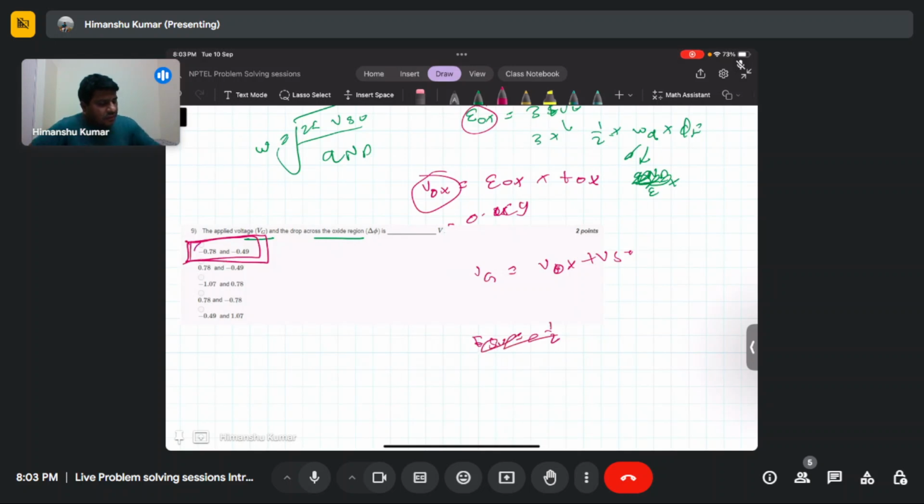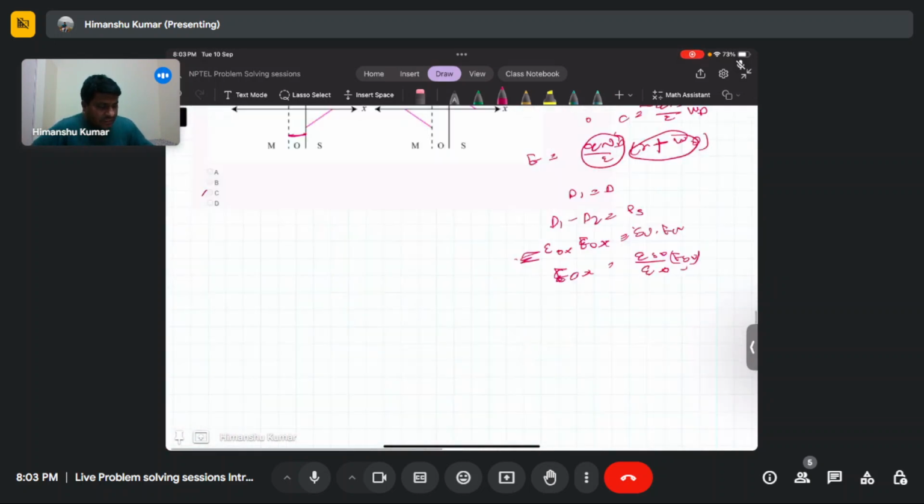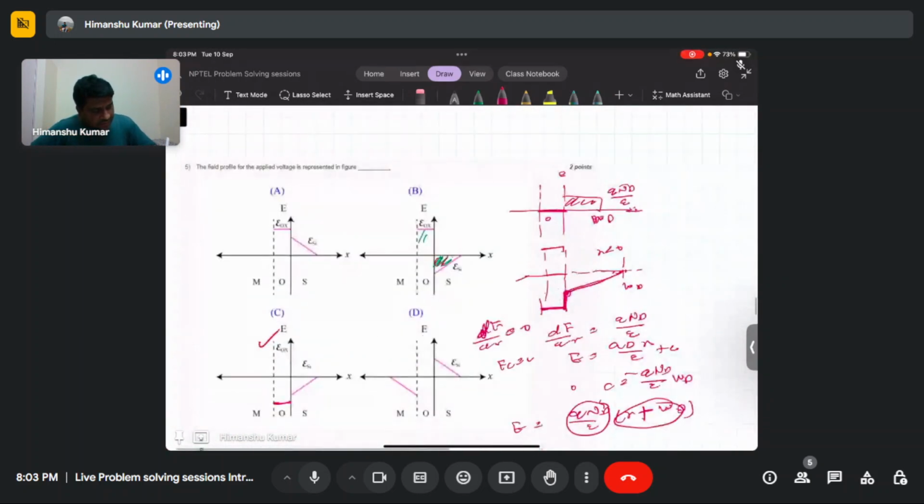Yeah, so half of the surface potential is basically the area of this curve, and that is basically E of interface. So half of E of Si times W of depletion is the surface potential, and this is given as minus 0.29, and from this you can calculate the depletion.